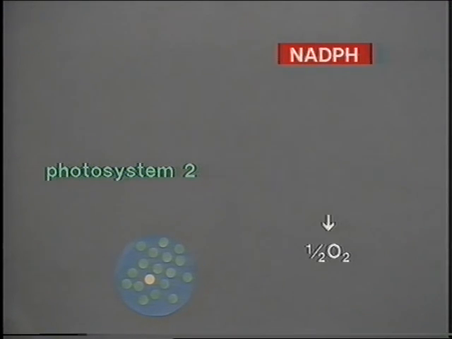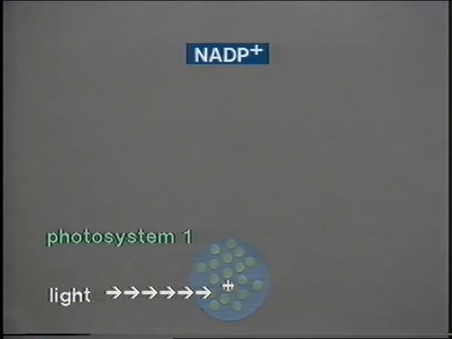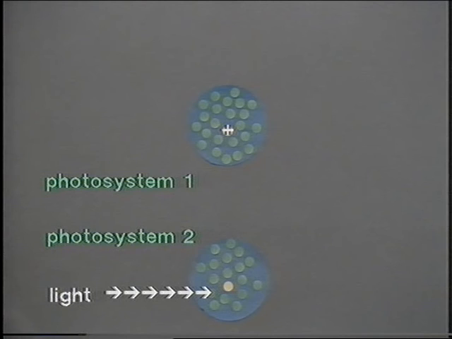The oxygen is given off. And while all this is going on, some of the light energy collected by the chloroplast is also used to produce ATP.